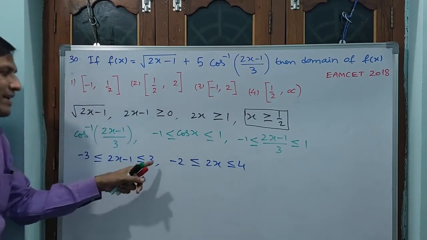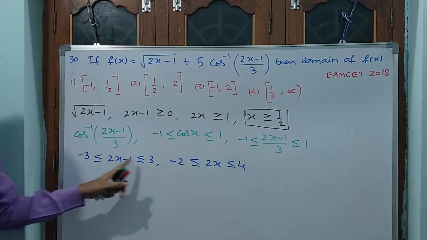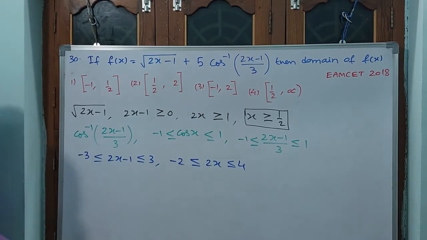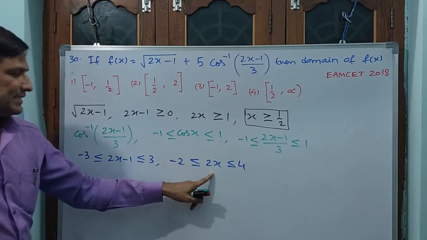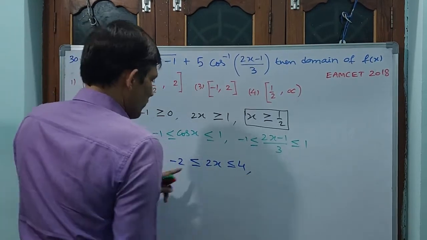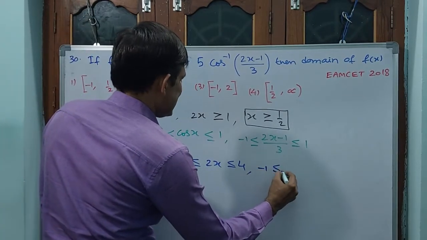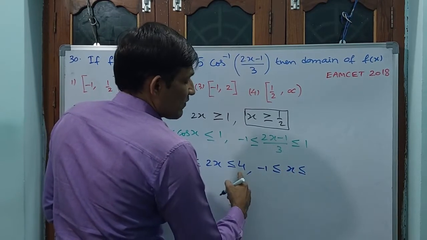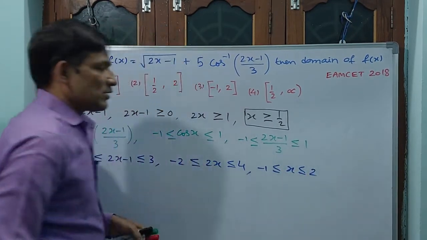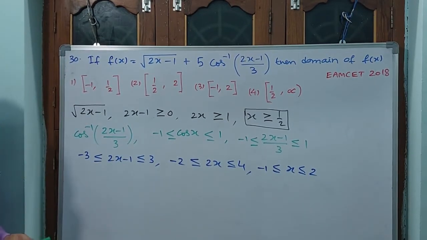Again you divide by 2, because 2x is there and you want x. Minus 2 divided by 2 is minus 1, 2x divided by 2 is x, and 4 divided by 2 is 2. So the second function is giving minus 1 to 2.